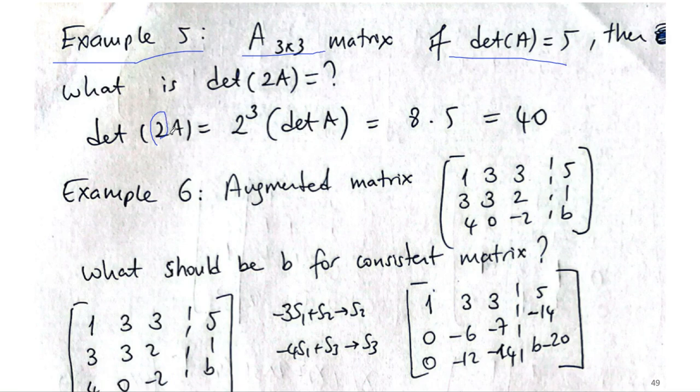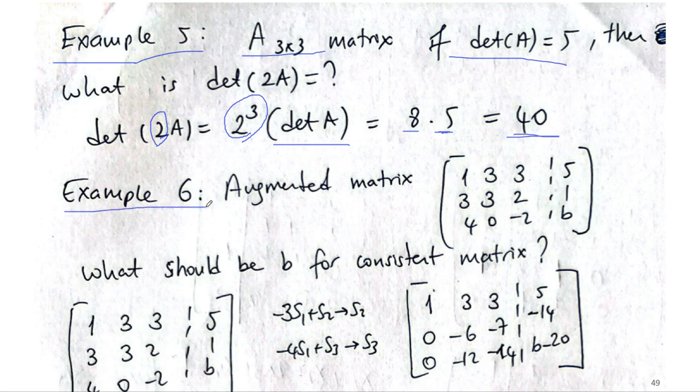Therefore, we can factor out the 2 values 3 times, because for each row we can factor out the value here, which is 2 in this case, and this will give us 2 to the power 3 times the determinant of A. And since the determinant of A is already given as 5, this is going to be 2 to the power 3, which is 8, times 5 equals 40.